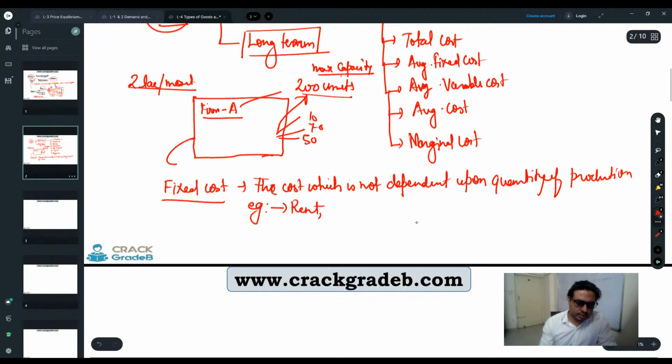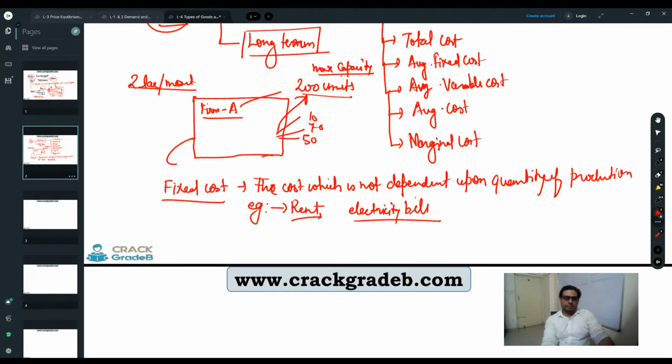Now my question is, if you understood this, tell me: will the electricity bill come under the category of fixed cost for this firm?